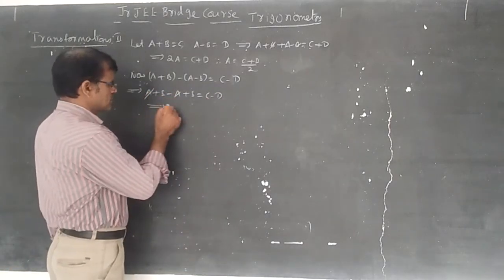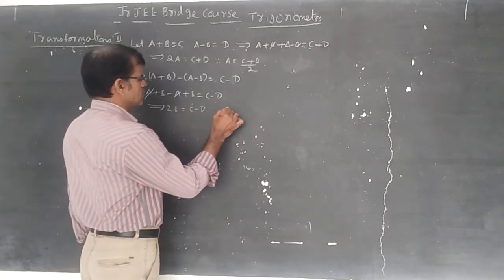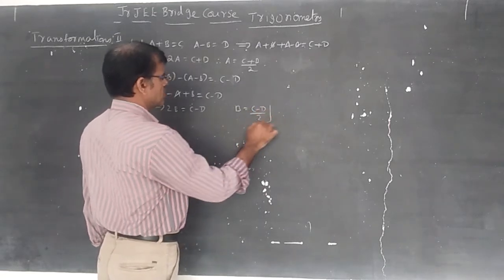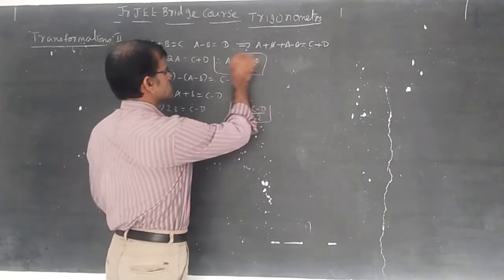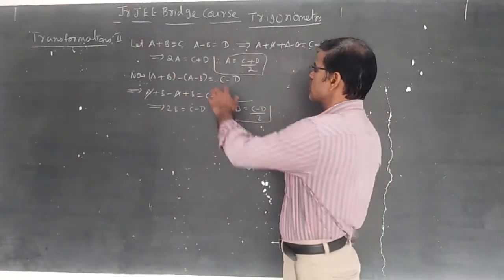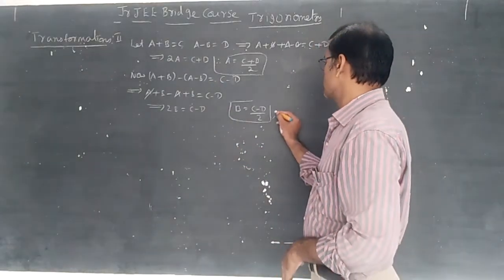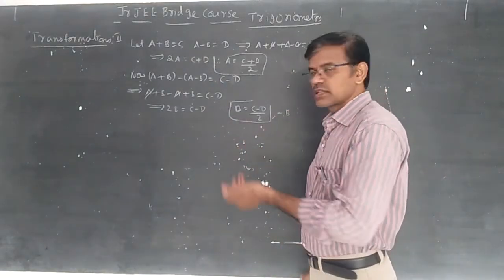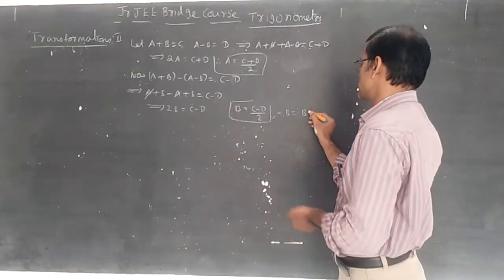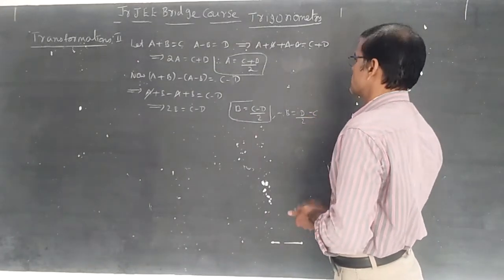That implies 2B is equal to C minus D. Therefore, B is equal to C minus D by 2. Depends upon this one, now we get another formula. So depends upon A is equal to C plus D by 2 and B is equal to C minus D by 2, we are going to discuss another formula, transformations only. If we get minus B here, D minus C by 2 you can write.